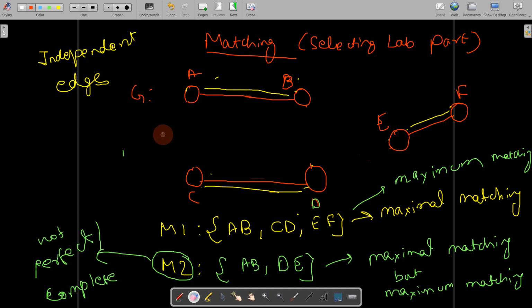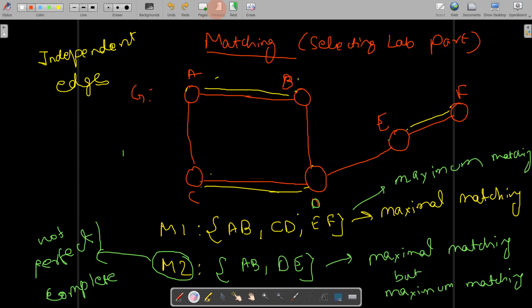Between A, B, C, whatever edges were there, they have to be selected. Then that will be the example of an induced subgraph. But this is not an induced subgraph, okay? So this is an example of a subgraph where all the matching edges have been selected. Okay, so we'll just create the original graph G again.